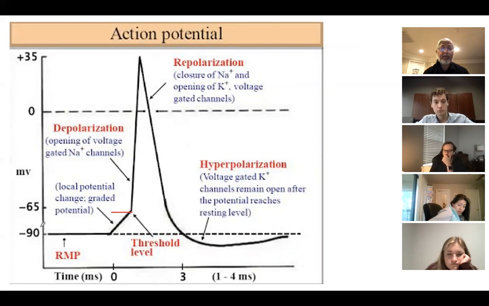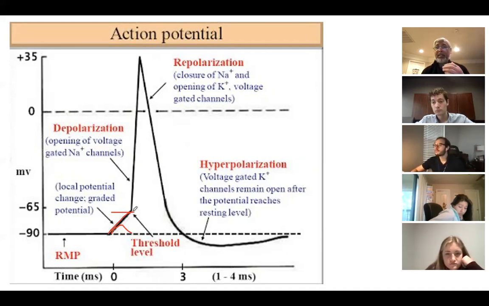Even though the resting membrane potential is -90, at about -65 this neuron reaches its threshold. If you apply a small stimulus and it goes from -90 to -80, it will not create any action potential. To create an action potential, your localized potential should reach this level. This is called the threshold for excitation.